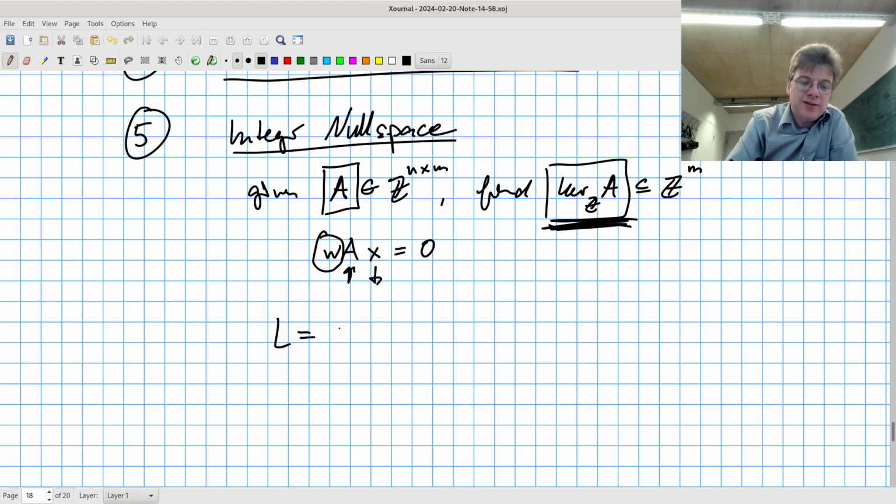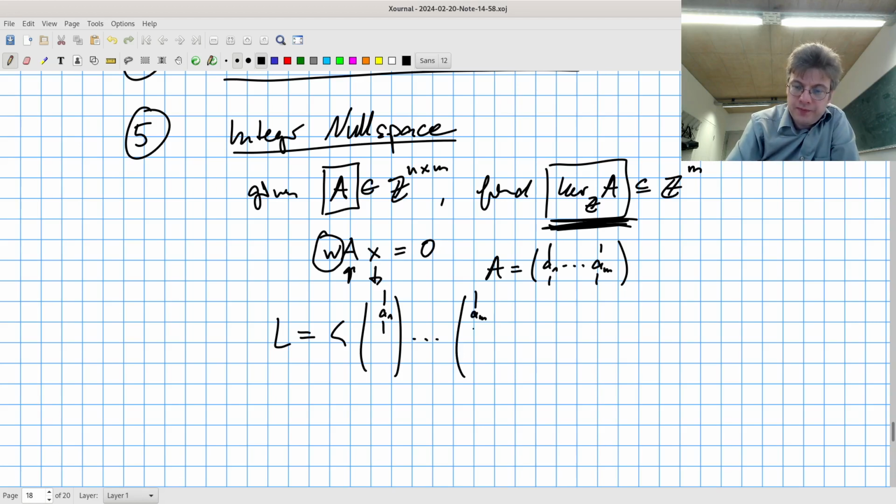So here is the lattice. Let's say A has columns A1 up to Am. What I do is I take here A1 up to Am multiplied by W and then attach unit vectors to it, similar as before.